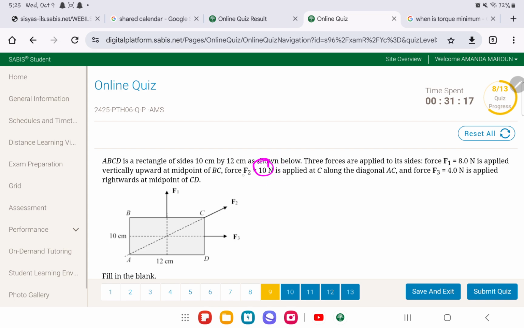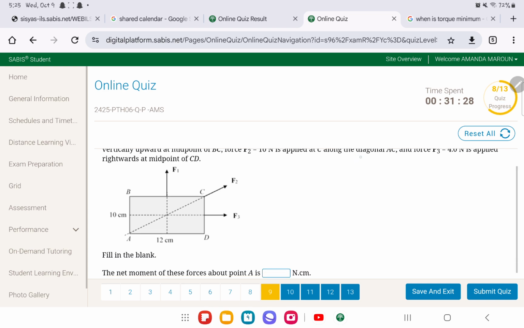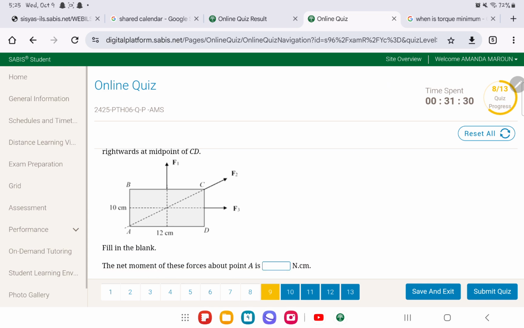Force F2, 10 newtons, is applied at C along the diagonal AC, and force F3, 4 newtons, is applied rightwards at midpoint of CD. Now, the net moment of these forces, pay attention. They need net moment, so whenever they're telling us net moment, we have to use the plus or minus.